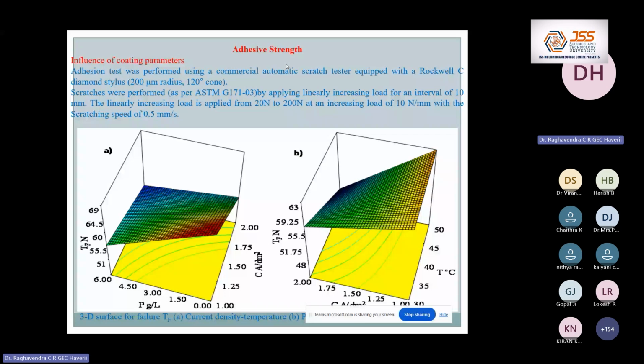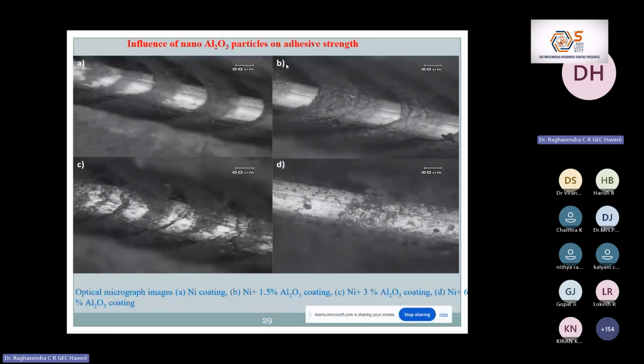If you check it, once again the adhesive strength is found to be maximum for zero particle loading. Even in figure B also, we found it at the temperature of 50 degrees and the same current density. Now you can check this.